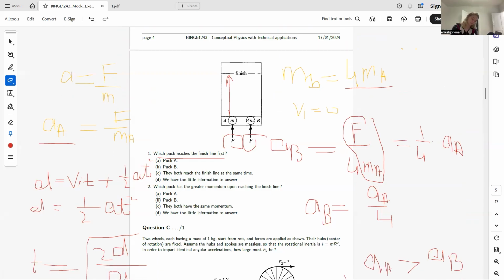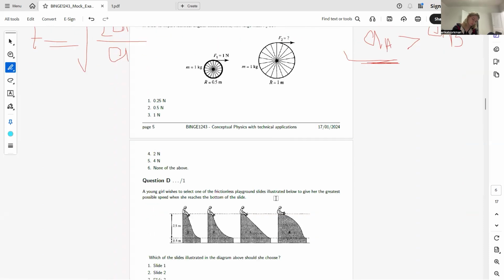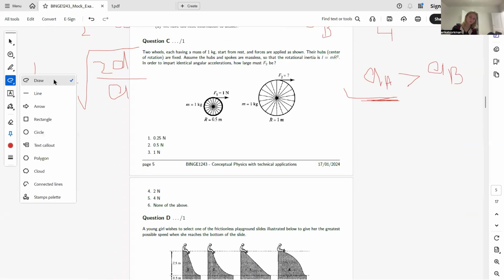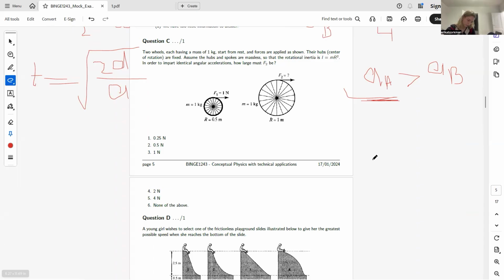Okay. Our next question is, which puck has the greater momentum upon reaching the finish line? Here we have to discuss their corresponding momentum by using the given data. From the impulse, we have the relation: impulse is equal to change in momentum, which is also equal to the product of force and time.